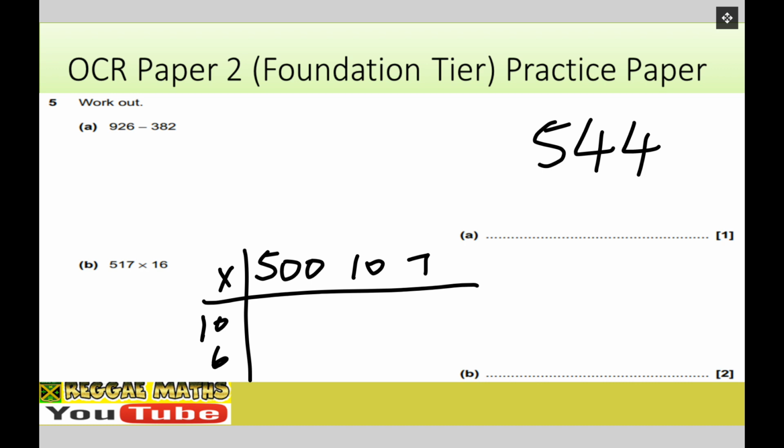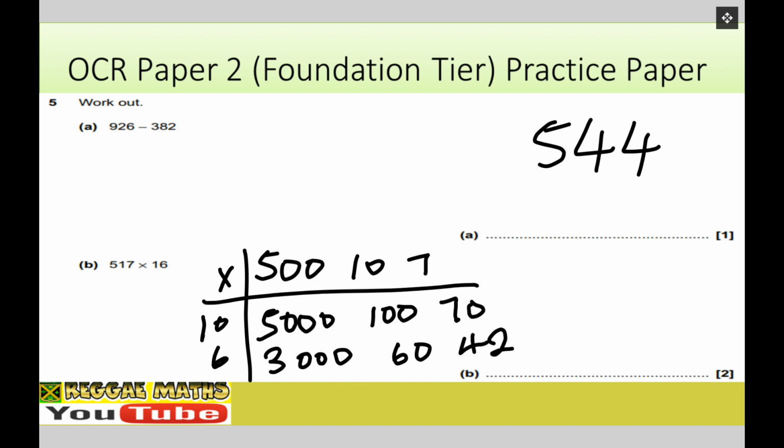You do 10 times 500, that's 5,000. 10 times 10, that's 100. 10 times 7 is 70. 6 times 500 is 3,000. 6 times 10 is 60. 6 times 7 is 42.